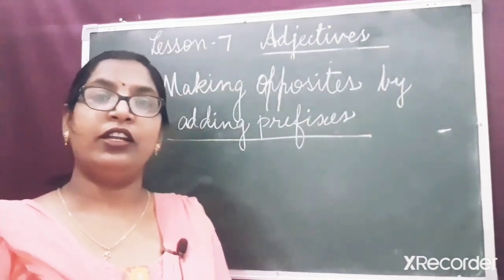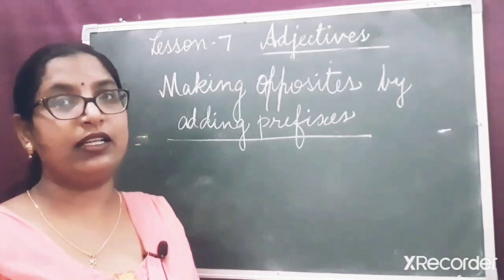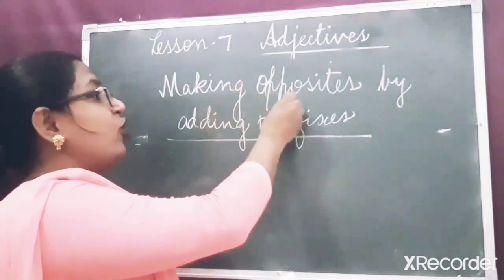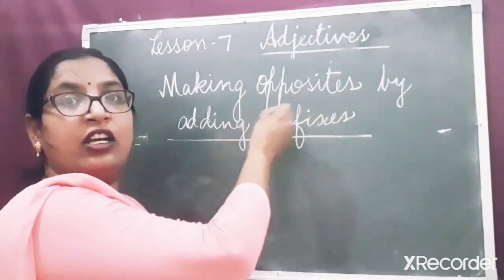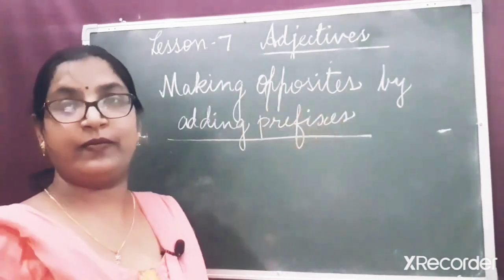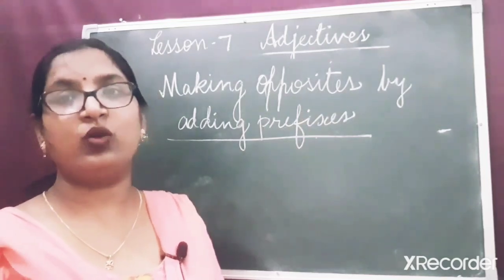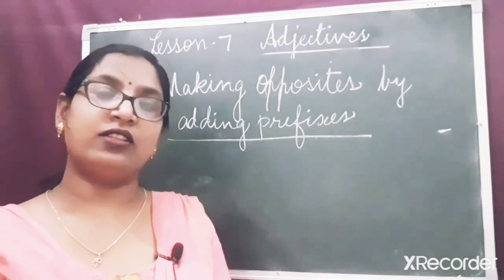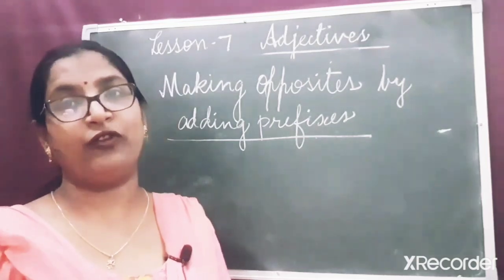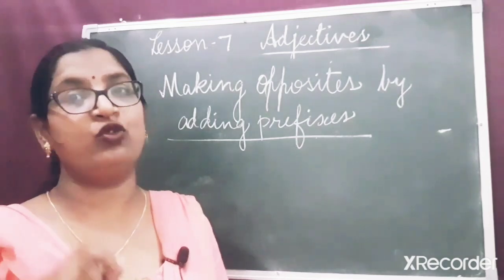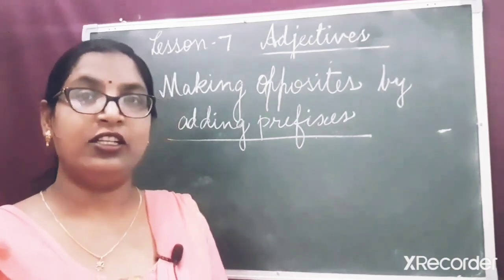Dear children, now we are going to discuss another point, that is making opposites by adding prefixes. What is a prefix? A prefix is also a letter or group of letters which are added at the beginning of a word to make a new word.